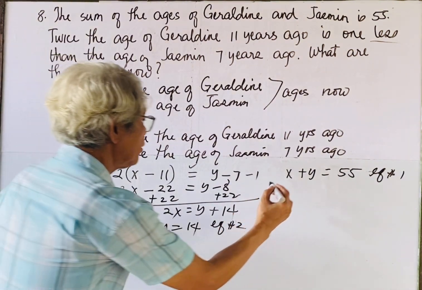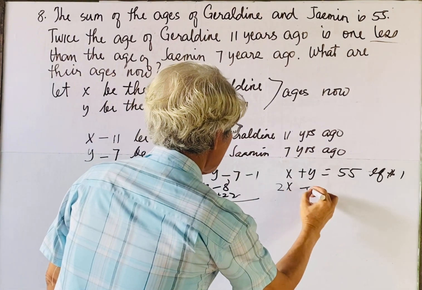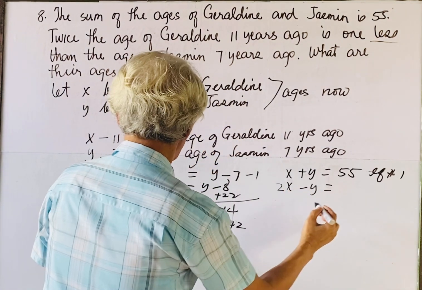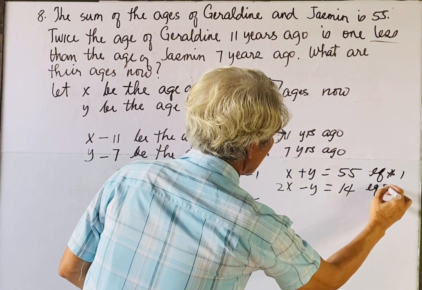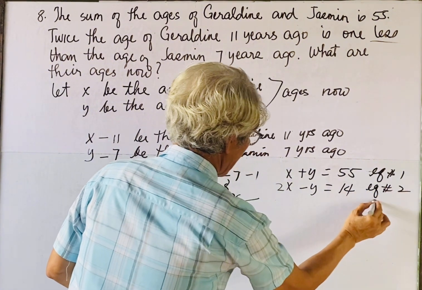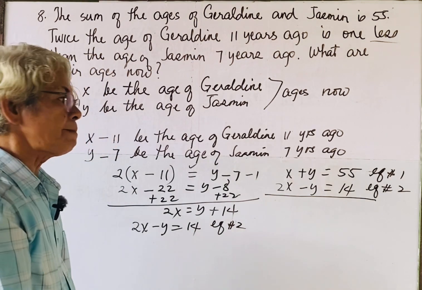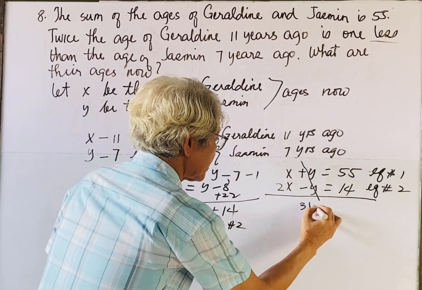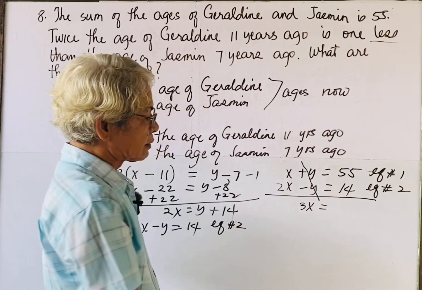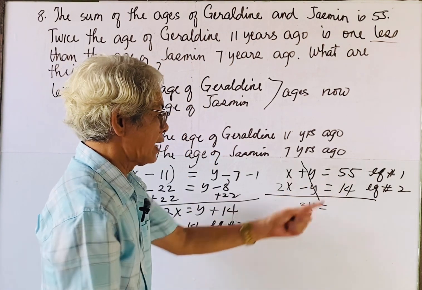So, ilagay natin to 2x minus y equals 14. Okay, ito yung ating equation number 2. And then let us simplify. Okay, eliminated. And then this is 3x equals, ilan ito? That is 69.